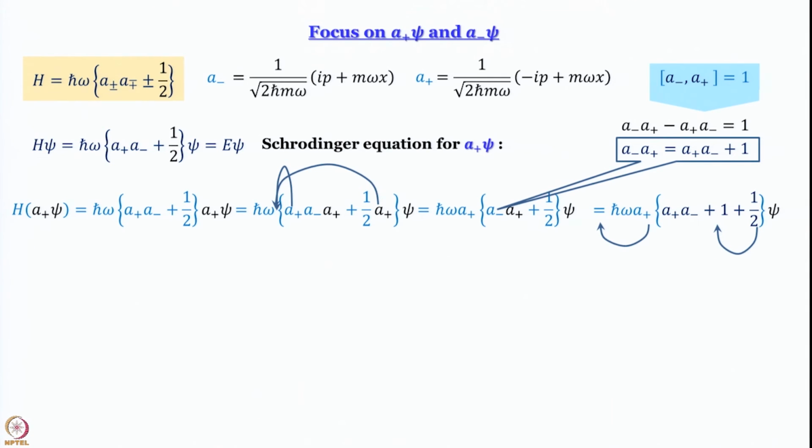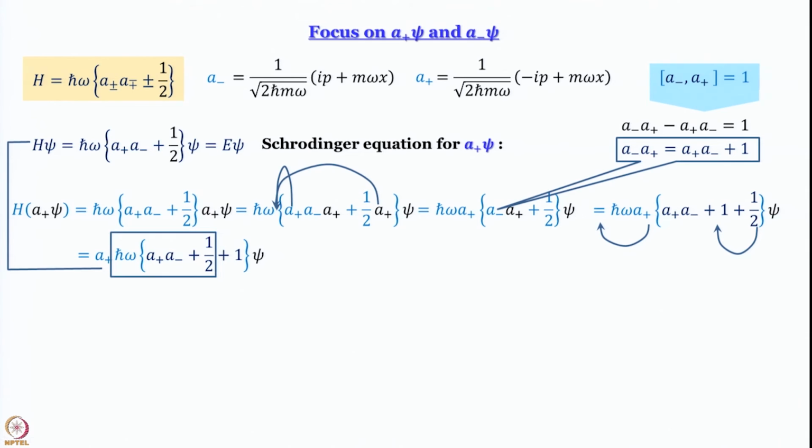And we can take this A plus in front as well, because H cross omega will be a number anyway. So I will write like this: A plus operating on (H cross omega A plus A minus plus half, plus 1) psi. Why did I take A plus in front? Because H cross omega into (A plus A minus plus half) is the Hamiltonian here.